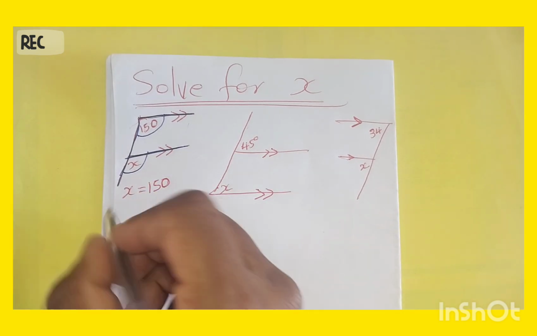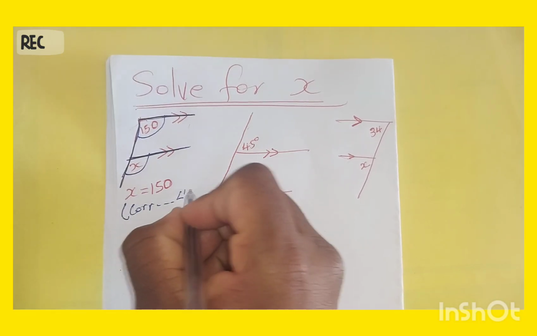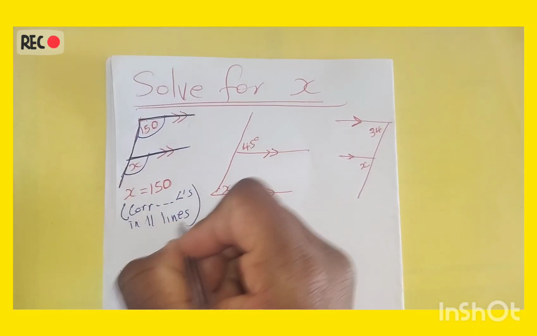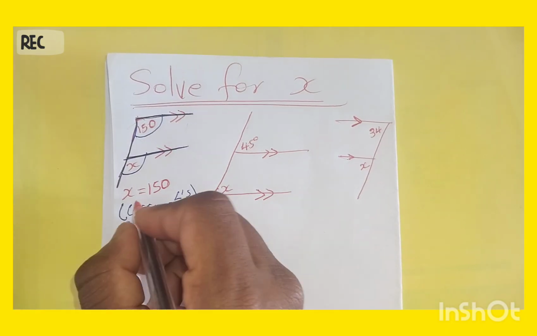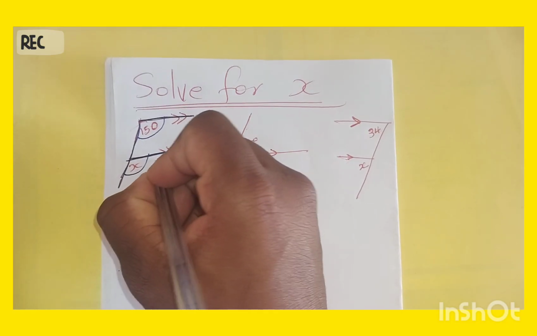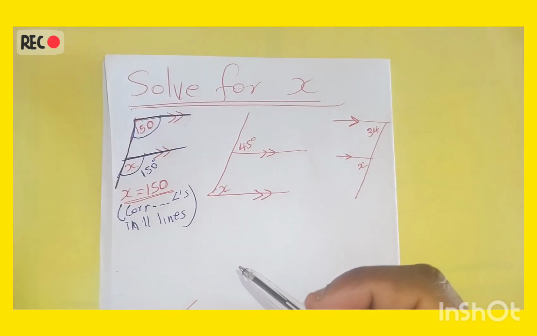But this thing goes with a reason. It's a corresponding angles in parallel lines. Those ones are the corresponding angles in parallel lines. So now I can tell, okay, here there is 50 degrees. What about this one?